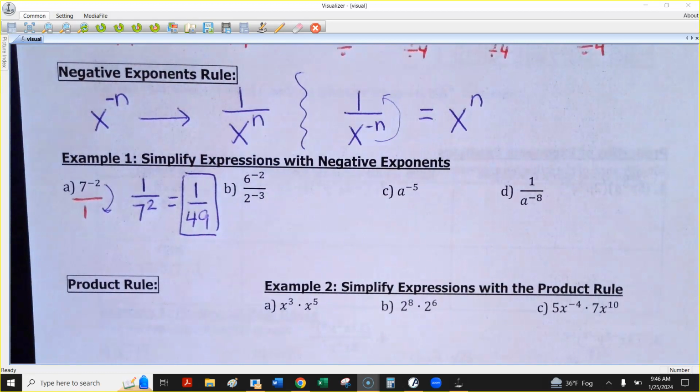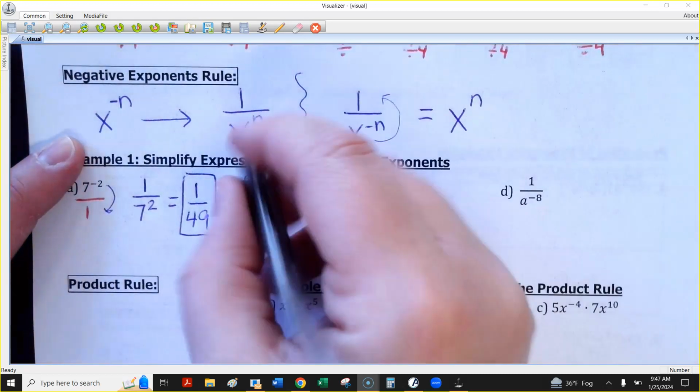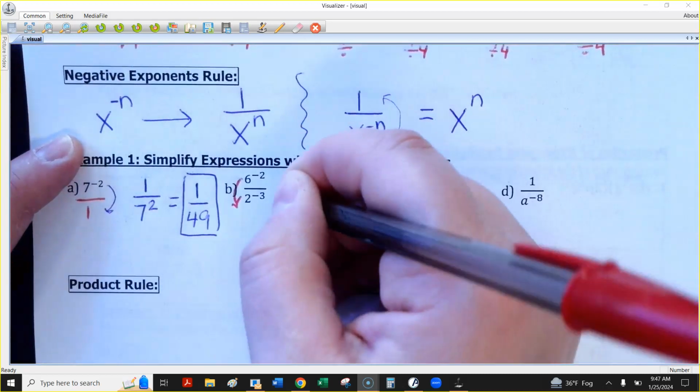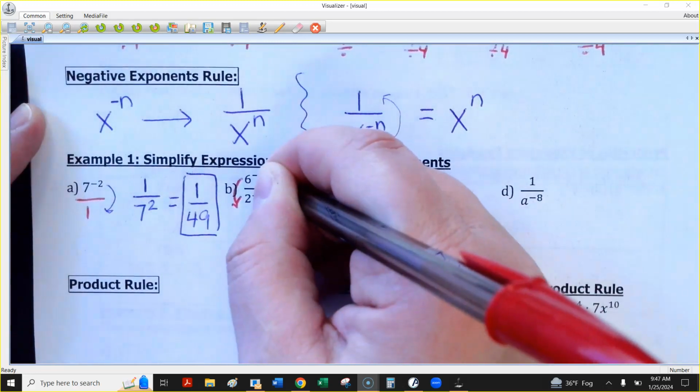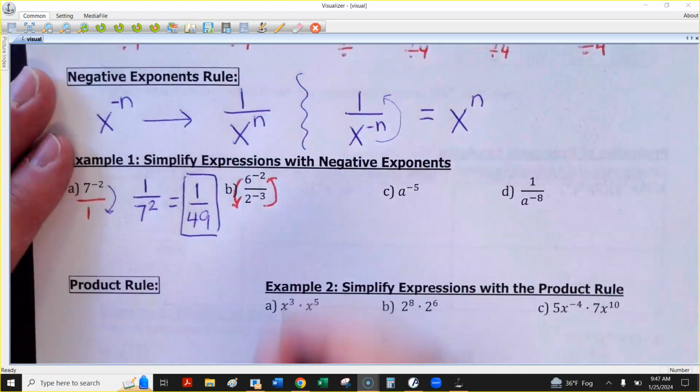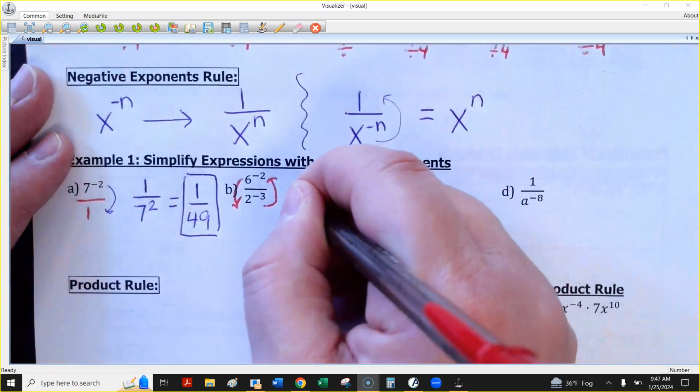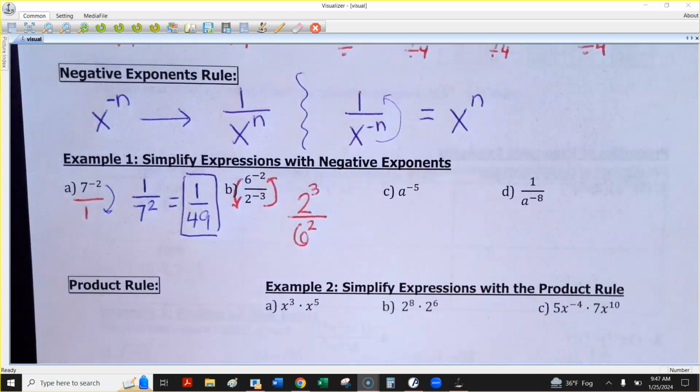All right, the example I've got next to this, I've got a negative exponent in the top of the fraction and the bottom of the fraction both. So if it's negative in the top, you just move it to the bottom and lose it. This negative in the bottom, we're going to move it to the top and lose it. So this would be 2 to the positive third power over 6 squared. And then if you can, go ahead and simplify these.